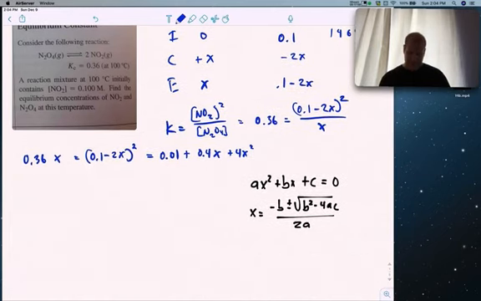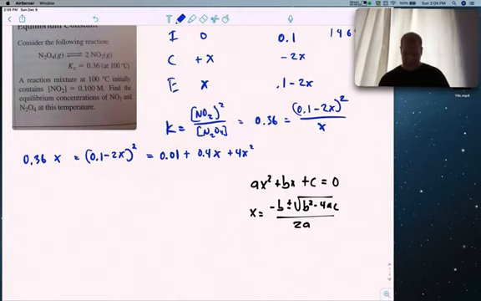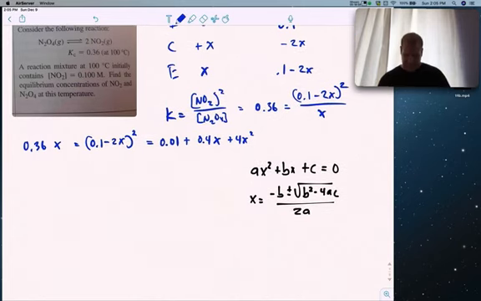So what we need to do to solve the quadratic equation is get it in this form. So let me go ahead and set that equal to 0. So we have 4x squared, and we're going to set it to 0. 4x squared, we subtract 0.36x from both sides, minus, actually no, it's plus 0.04x plus 0.01 equals 0.